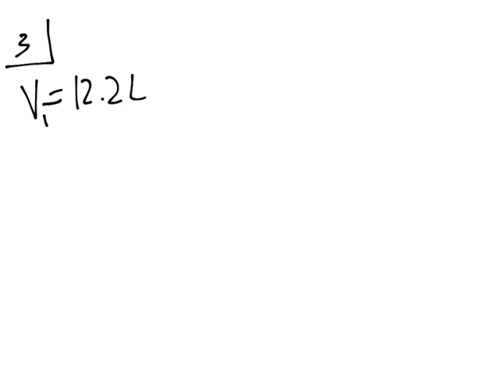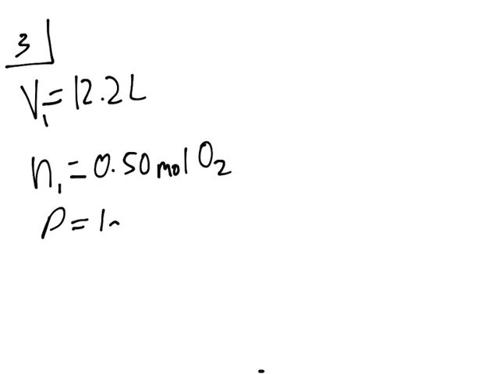So we have the number of moles 1, 0.50 moles of O2, at 1 atmosphere. So they're giving us the pressure is 1 atmosphere and the temperature is 25 degrees Celsius.